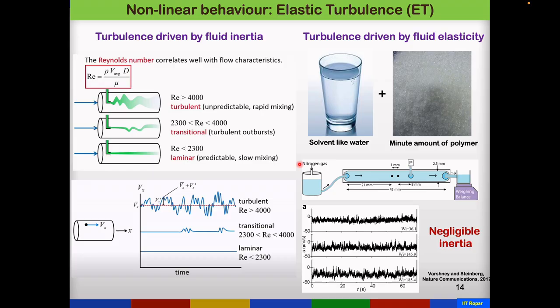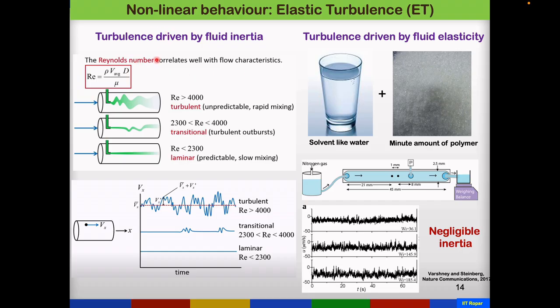Okay, now I'll talk about another interesting and complex phenomenon that is very often seen during the flow of complex fluids, which is called elastic turbulence. We have already studied hydrodynamic turbulence at different stages of our studies, maybe in BTech, MTech or even PhD.